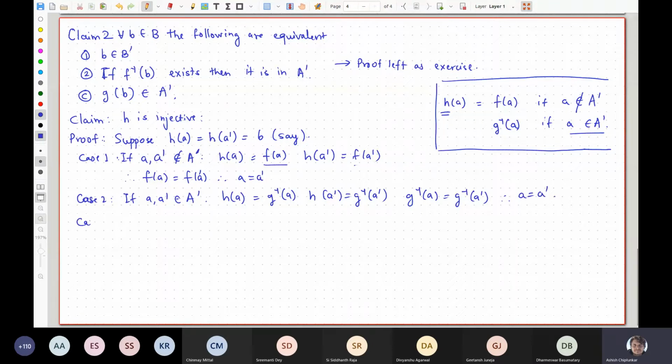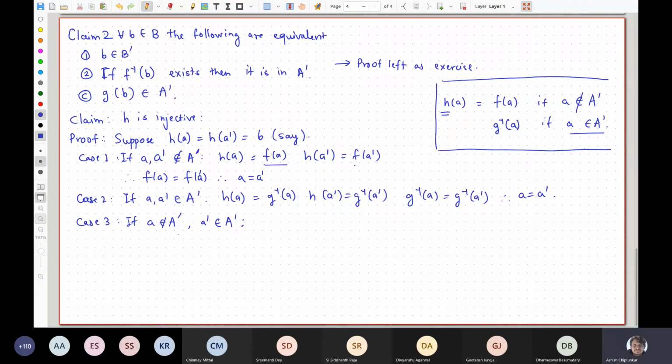And finally, case 3, right? So now what? So if A is not in A prime and A prime is in A prime, right? So what can we argue in this case? Right.